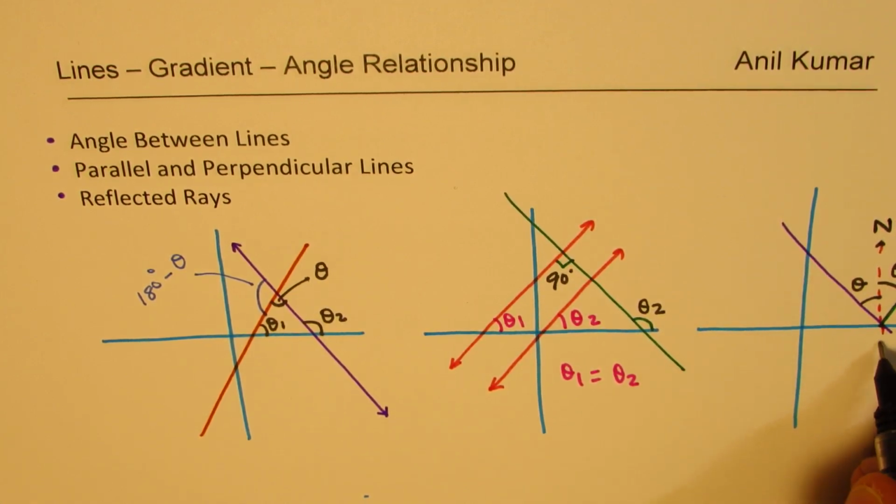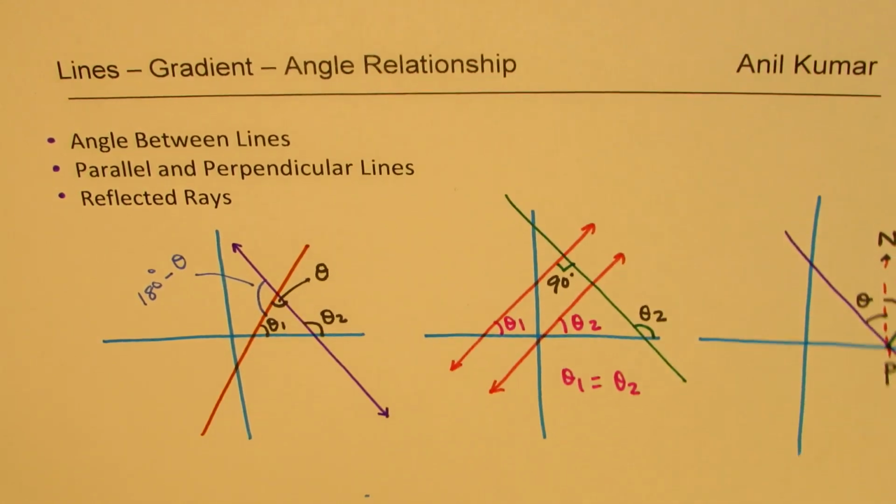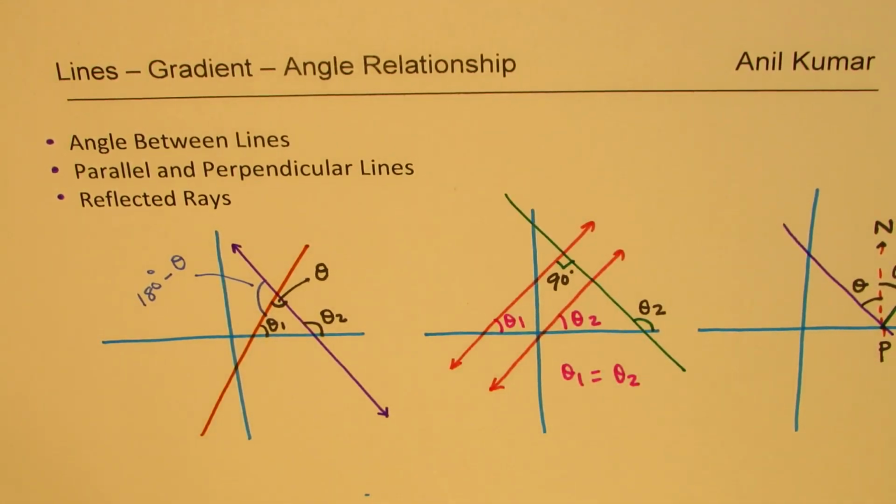So let's say this is the point of reflection, then these two angles are equal. So that should help us to find the relation between the lines and the angles. Now let's look into details how to mathematically calculate these values and relate them.